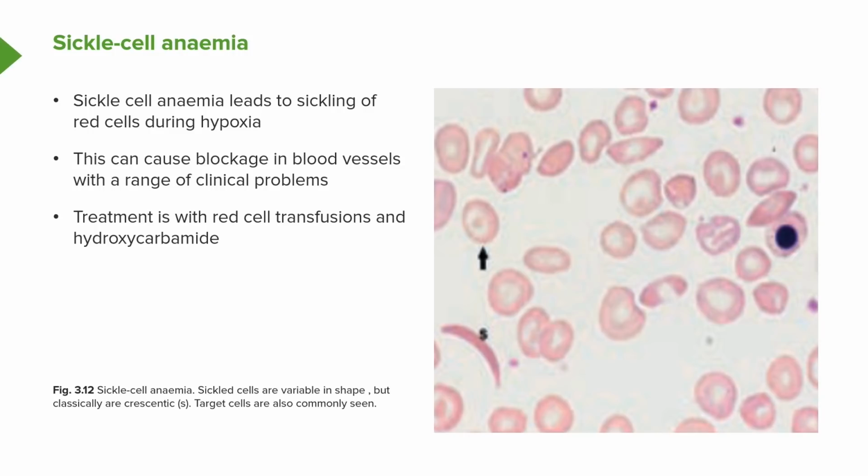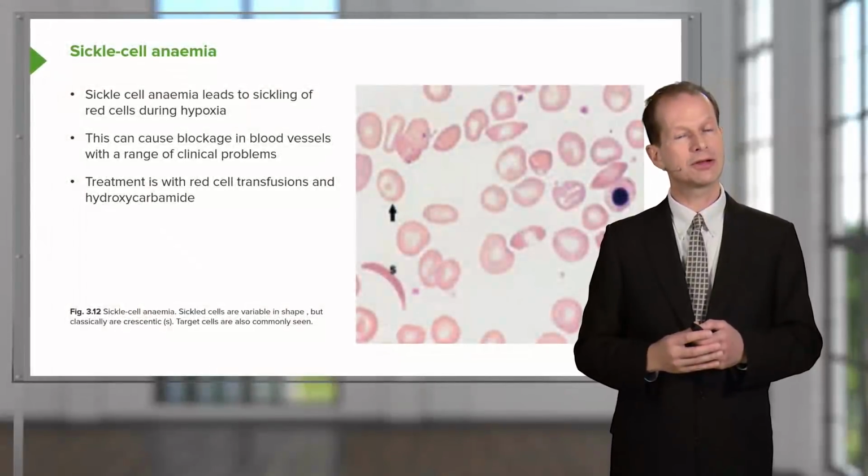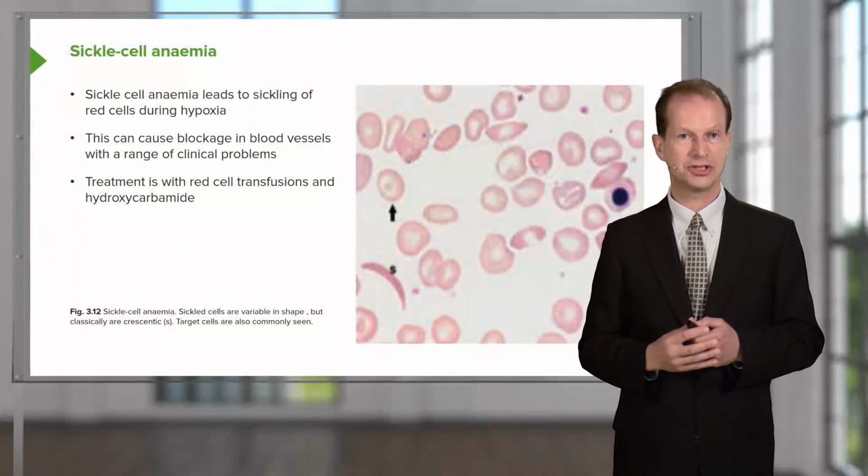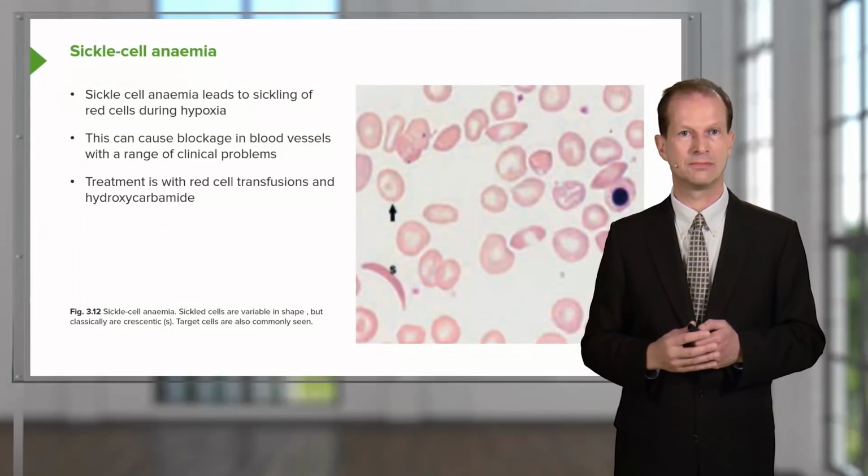This can block the blood vessels, and that can lead to a range of clinical problems, largely due to infarction and hypoxia of tissues further down. Treatment of sickle cell anemia, if needed, is with red cell transfusions to provide normal blood, or with drugs such as hydroxycarbamide, which have shown to be quite effective.